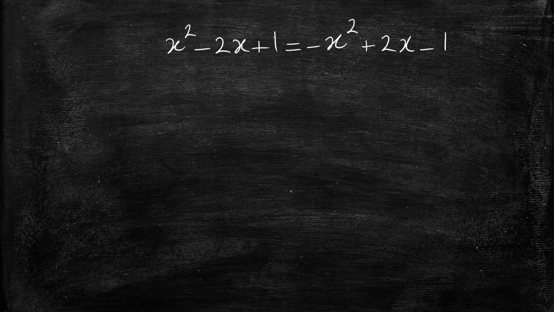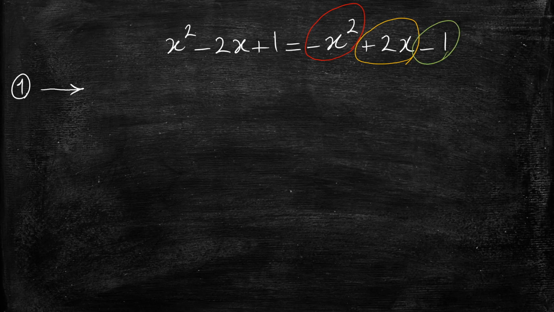Remember, step 1, take all terms to one side of the equation. Okay, so I'm going to take everything to the left side of the equation. I have some stuff here that is cluttering things up, and I have to take care of it.